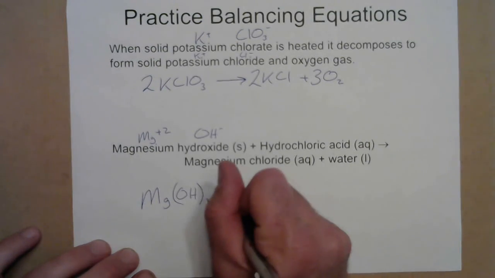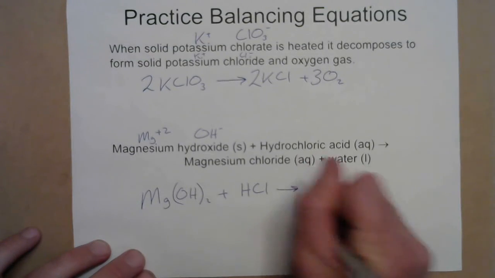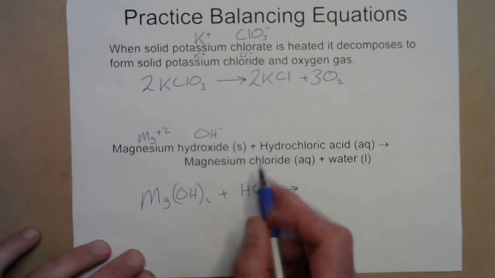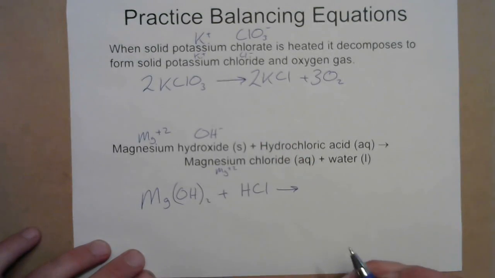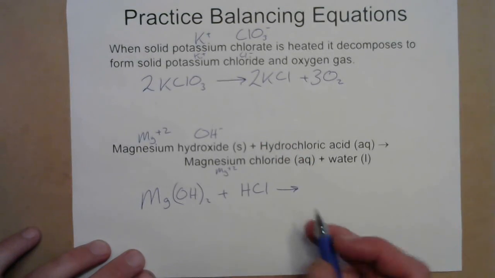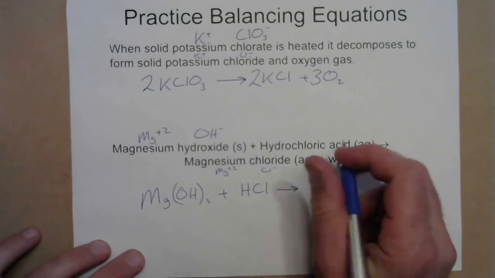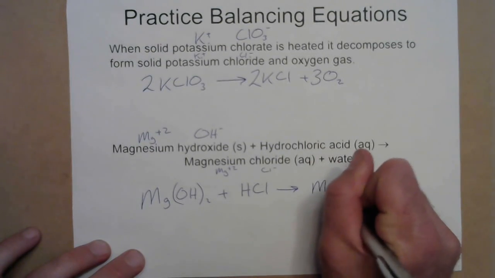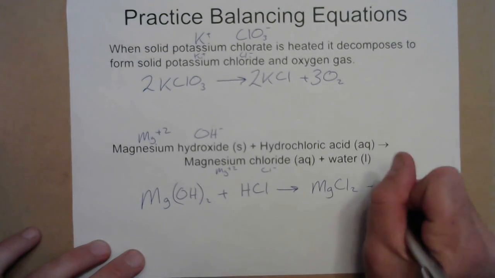Hydrochloric acid, so really common acid, HCl. It makes magnesium chloride, so magnesium from the periodic table we know has a +2 charge, like all the alkaline earth metals. And then chloride, like all the halides, has a -1 charge when it forms an ion. So MgCl2 and water.